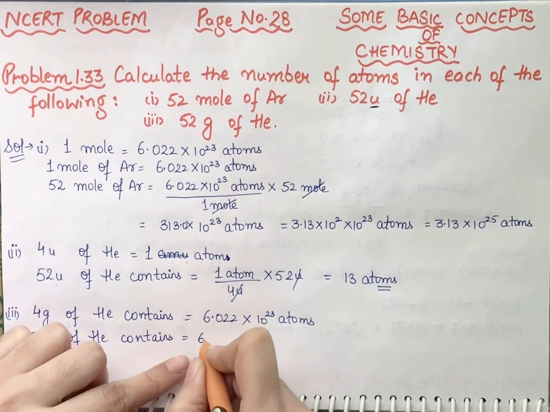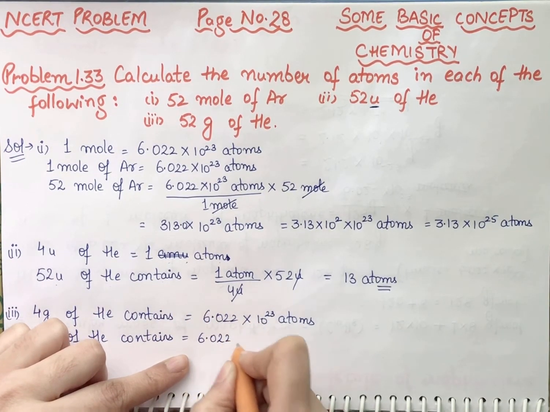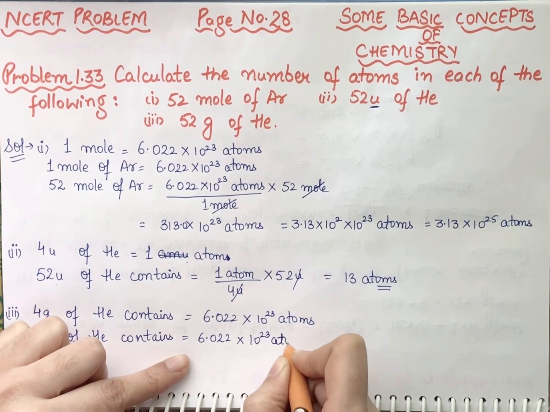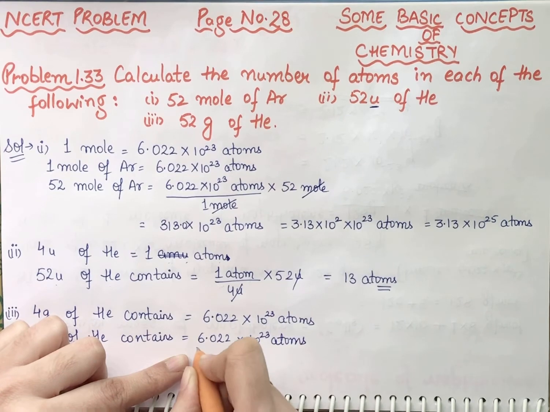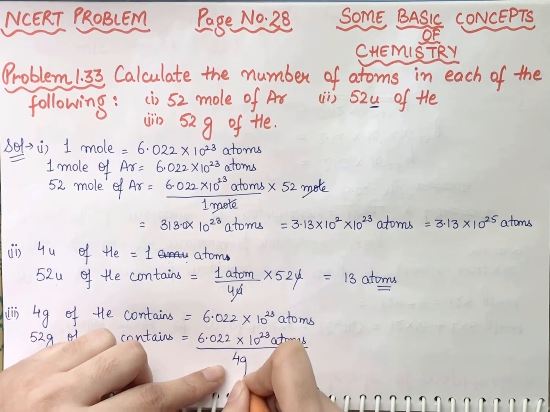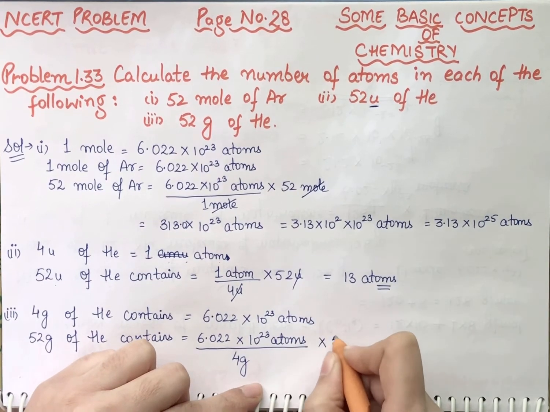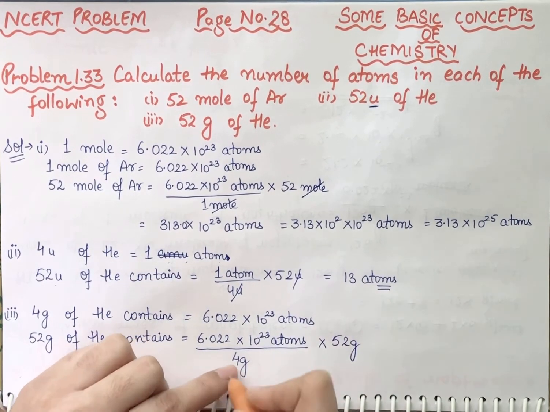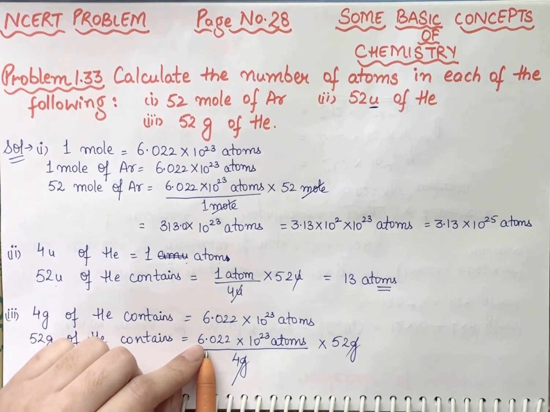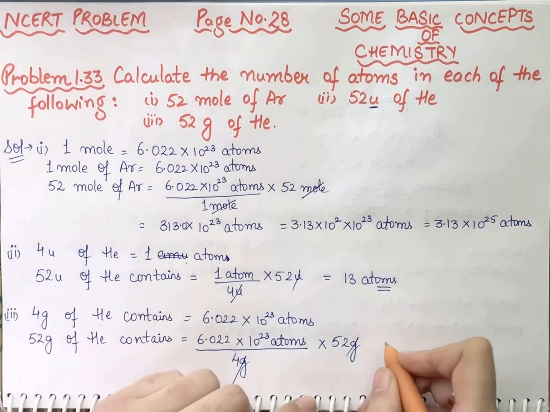So this value should be in numerator, 6.022 into 10 raised to power 23 atoms, right, divided by 4 gram, done, into 52 gram. I'll cancel this gram with this gram.